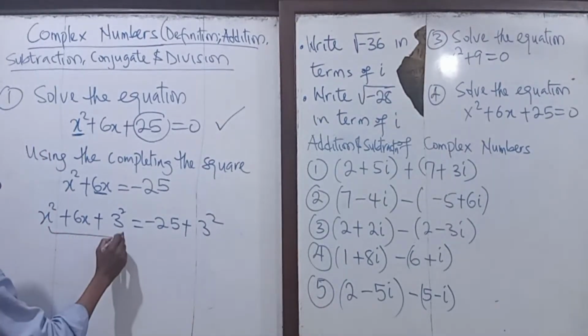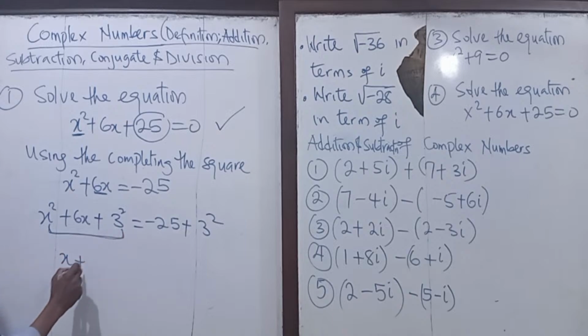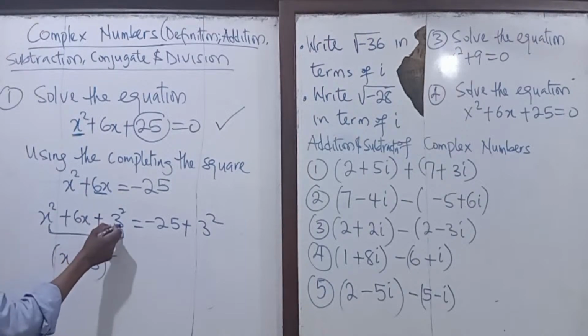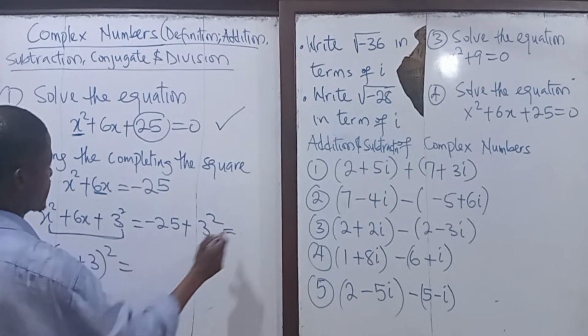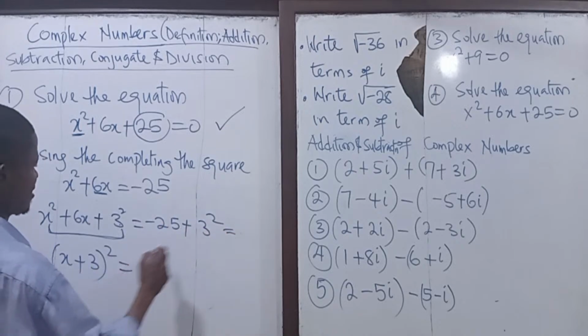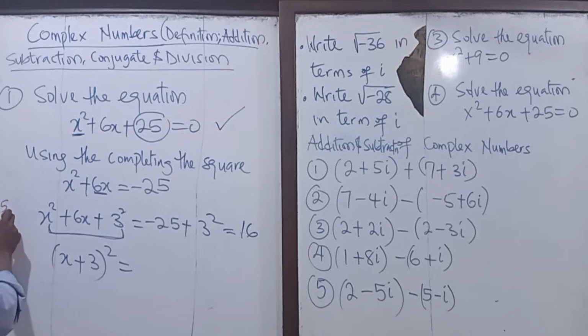This will form a perfect square, x plus 3 squared, which is equal to 25 plus 9. Is that 16?